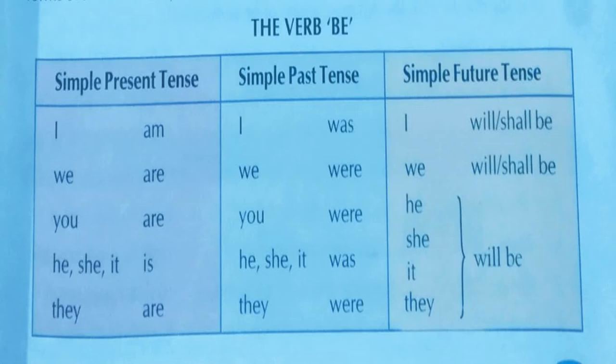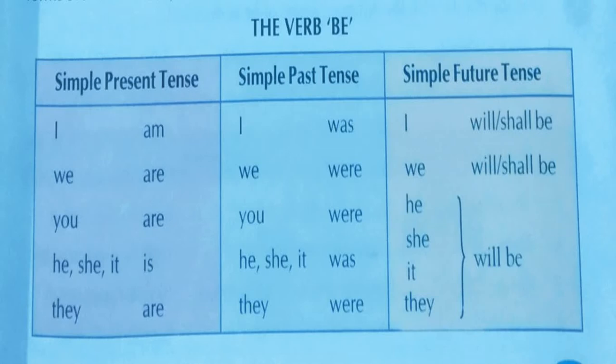Very nicely it is given there. So verb be. You have already learnt about verb be, isn't it? Its forms you have learnt. Now today we will learn in the tense form, that is present tense, past tense and future tense.